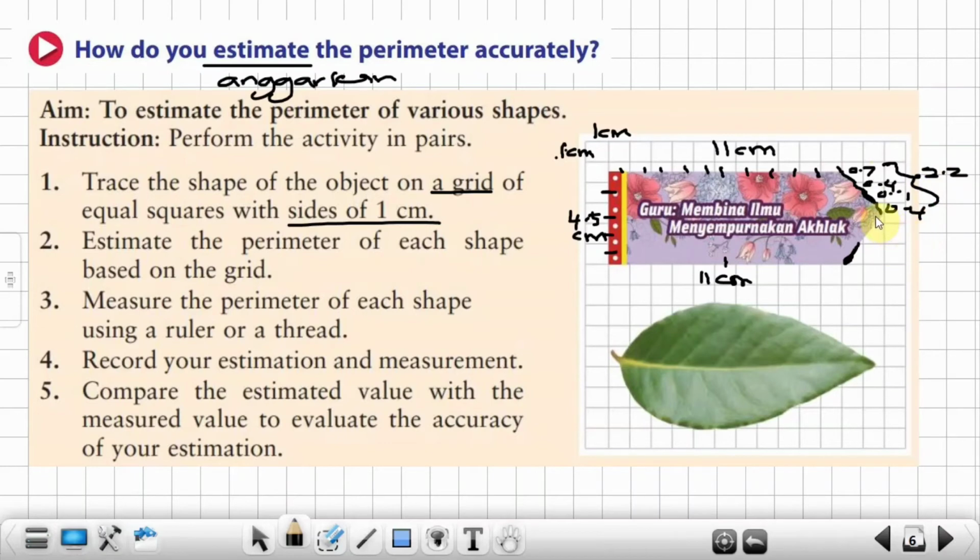So I estimate the other slant is also the same, 2.2 cm. Now the perimeter of this banner is 4.5 plus 11 plus 11 plus 2.2 plus 2.2.